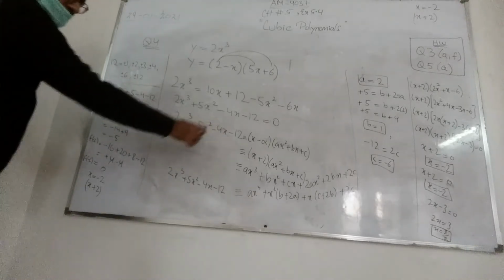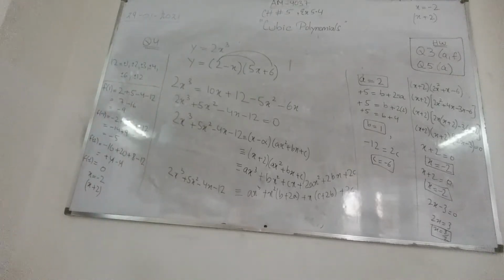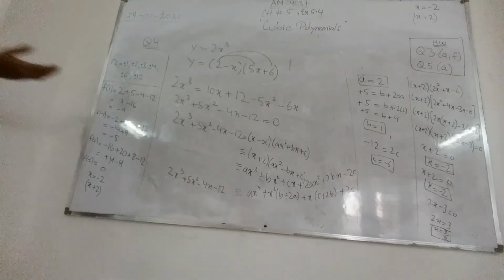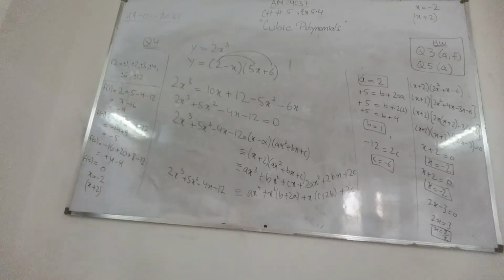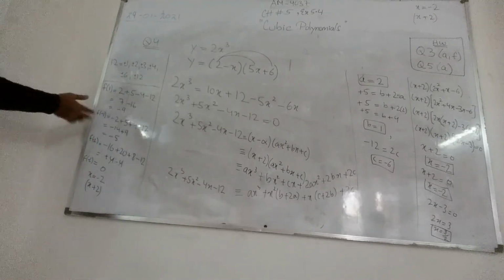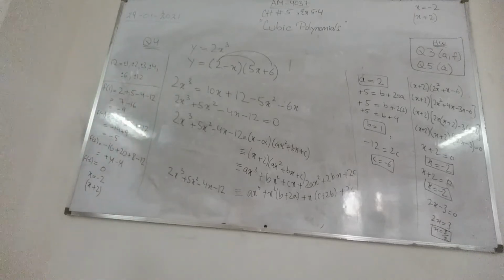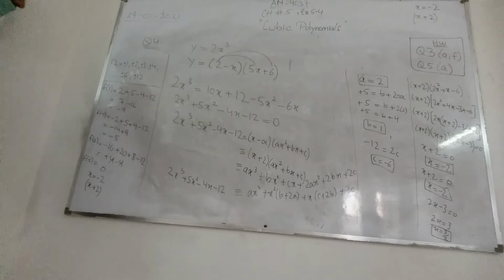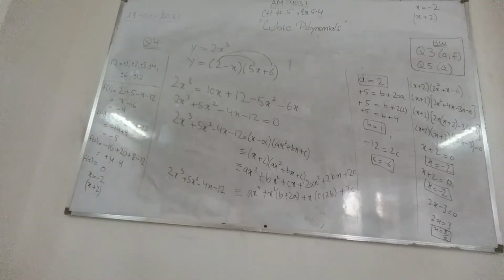Minus 4x, I will put x equals to 1, 4 multiplied by 1 is minus 4, and then minus 12. On simplification, f of 1 is equal to minus 9, which is not 0, so I have to move further. Now it's time for minus 1, I will put minus 1 now. When I put minus 1 and solve it like this, the remainder is minus 5, which is again not 0, so I have to move forward.